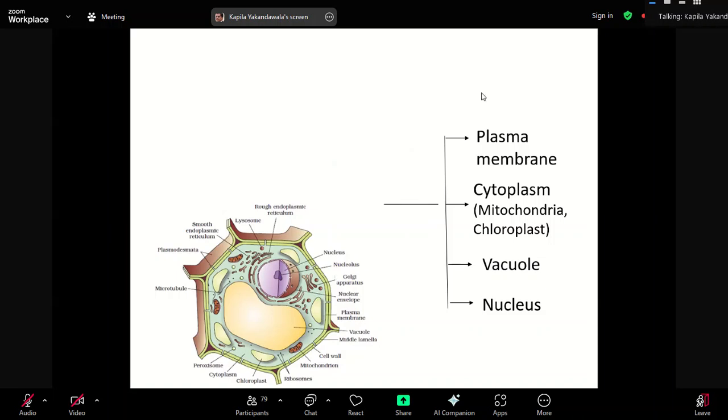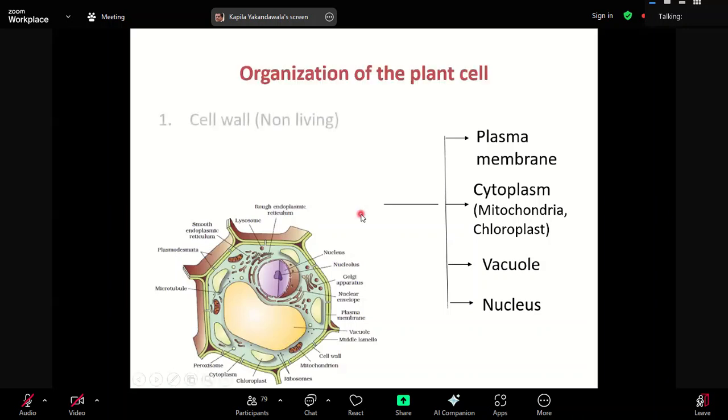But if you look at a cell, it has a living part and a non-living part. Cell wall is non-living. Protoplast is living. What do you call protoplast?